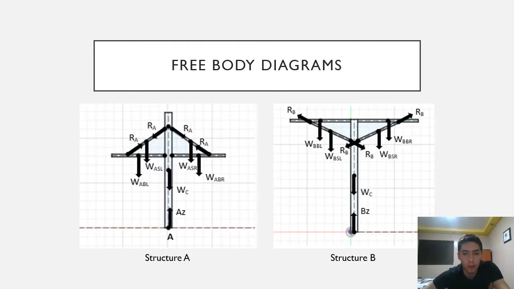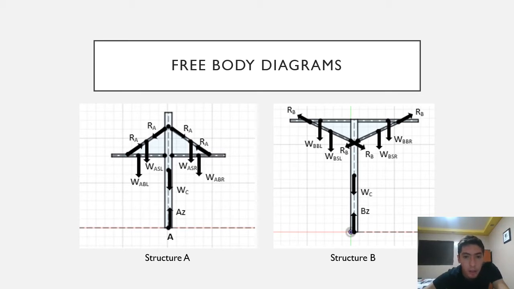Okay, so these are the free body diagrams for structure A and structure B. As you can see, there's a support reaction AC that pushes up the structure, same here with BC, the weight of the main column, the weight of the lateral beams, and the weight of the supporting beams.